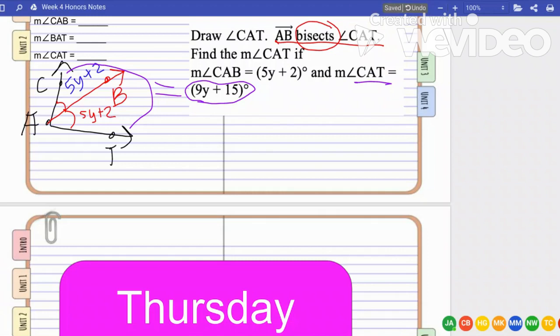And since I have two parts now and I know the total, I combine the parts together. So I'm going to get 10y plus 4 equals 9y plus 15.